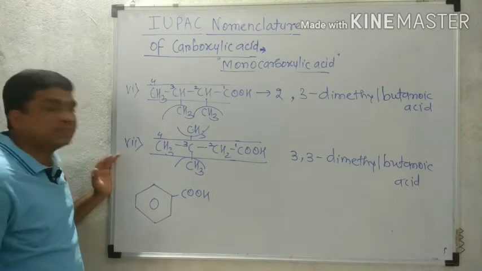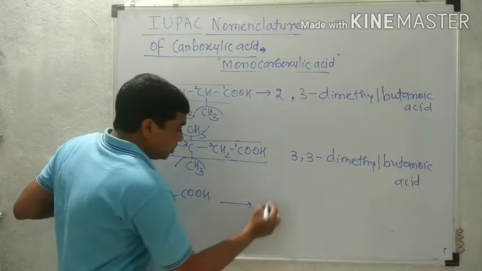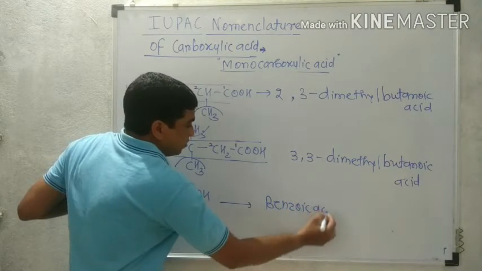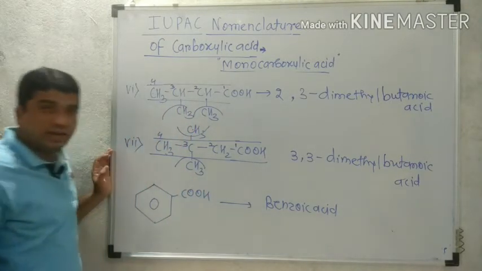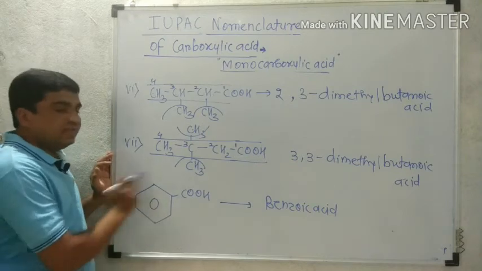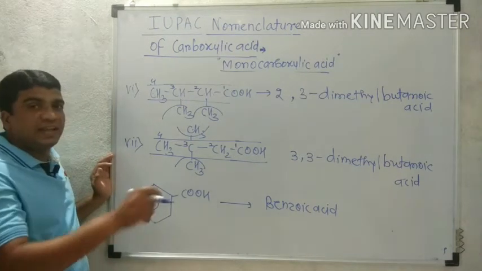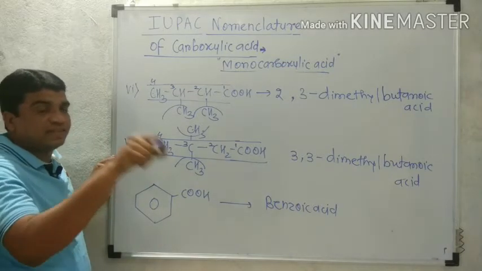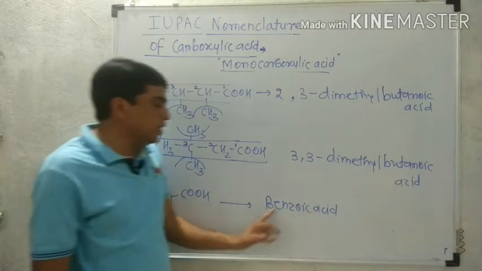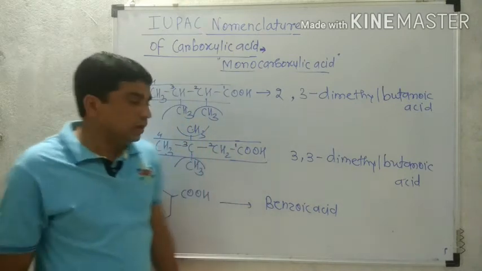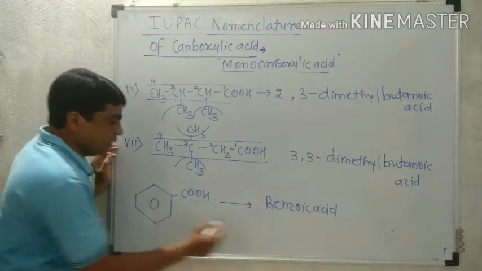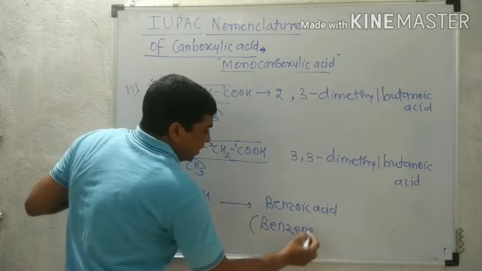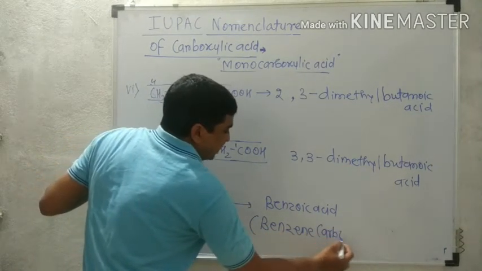For such a structure, its IUPAC name is benzoic acid. How is benzoic acid obtained? It is from benzene. By replacing the ending E from benzene and adding OIC acid, it is benzoic acid, but it is also called, as another IUPAC name, benzene carboxylic acid.